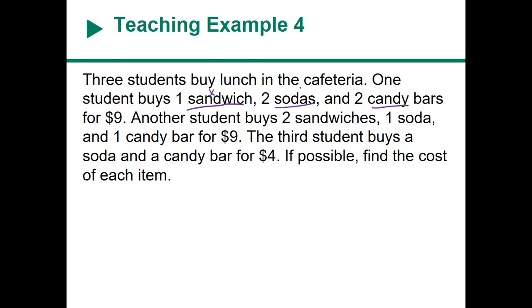So we're going to let that be X, Y, and Z. So the first student bought 1 sandwich, 2 sodas, and 3 candy bars, and they spent $9. Another student buys 2 sandwiches, so 2X, 1 soda, 1 Y, and 1 candy bar, 1 Z for $9.